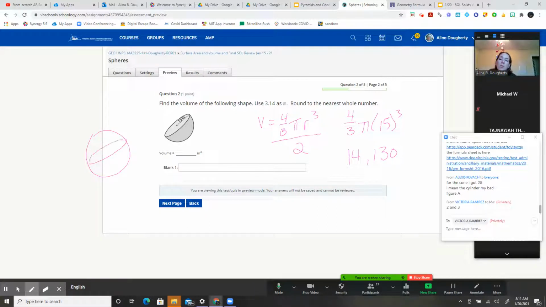We only want half of that, so we've got to divide that by 2. So I think the answer should be 7,065, maybe with a comma, maybe not with a comma. We okay with that? Hemispheres you're going to cut in half because it's only half the shape. It's like half a grapefruit.